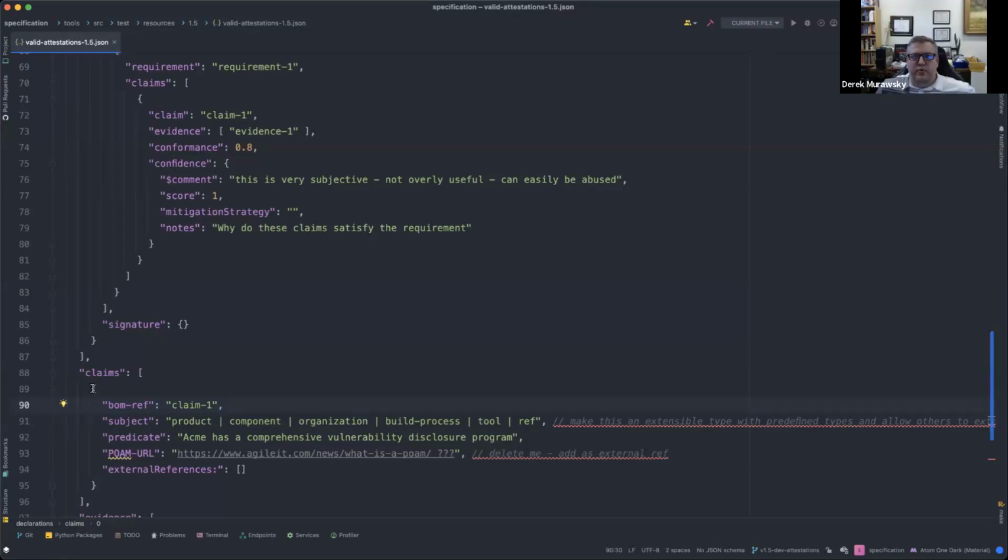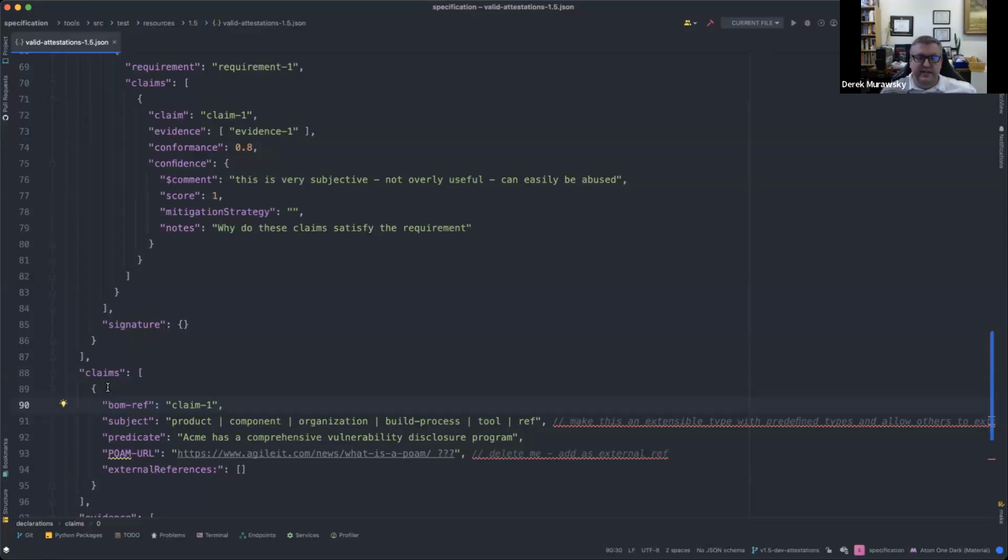So if the requirement was that I train my developers in security, we have a developer security training program. We could say the claim is yes, we have a developer security training program, and then here is the evidence that shows the training. That would be in the evidence array up there, and then we are conformant with this 80% of the time because only 80% of our folks have gone through the training.